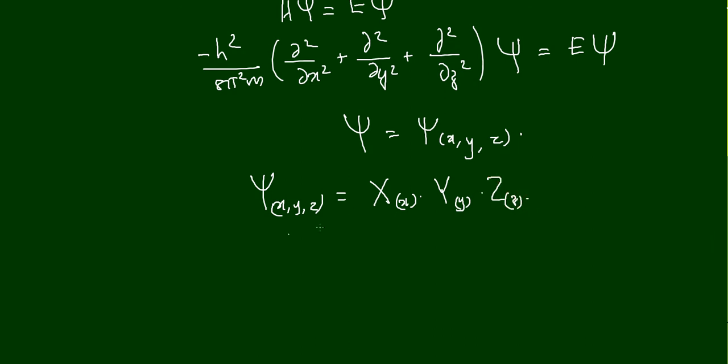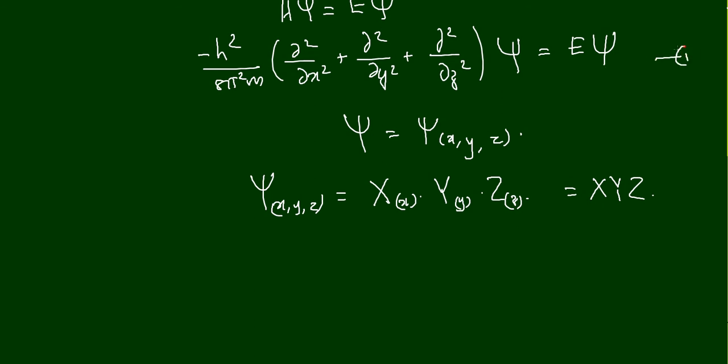So psi of x, y, z is equal to X into Y into Z, or simply XYZ. Here X means X of x, Y means Y of y, etc.